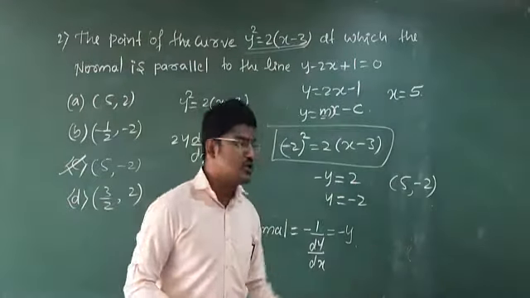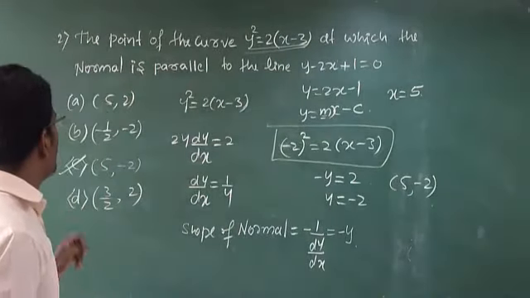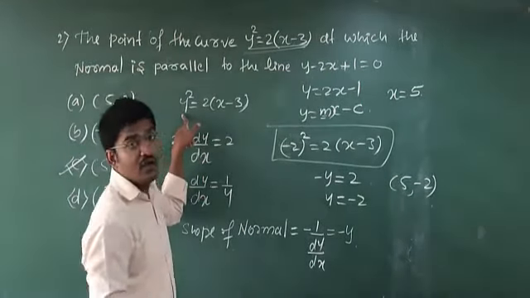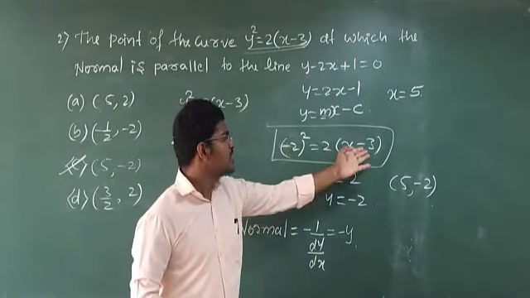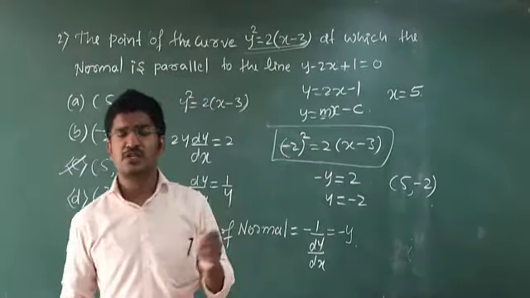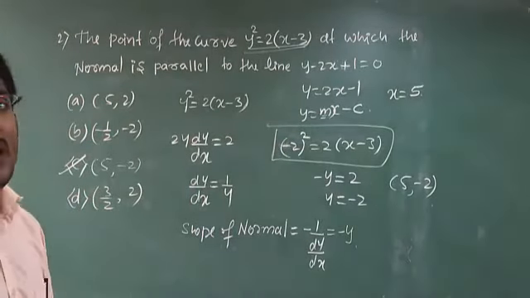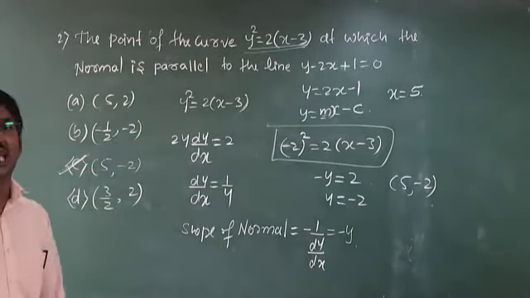Therefore, y will be equal to minus 2. So, y is minus 2 and x will be 5. If I use minus 2 here, minus 2 square is 4. Simplify, 4 by 2 will be 2. Take minus 3 on this side. Minus 3 plus 2 will be plus 5. So, 5 comma minus 2 will be the correct answer, that is option C.